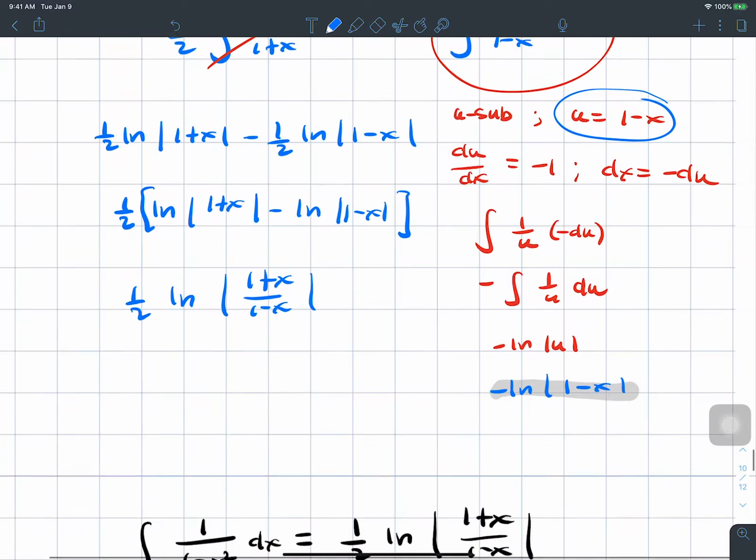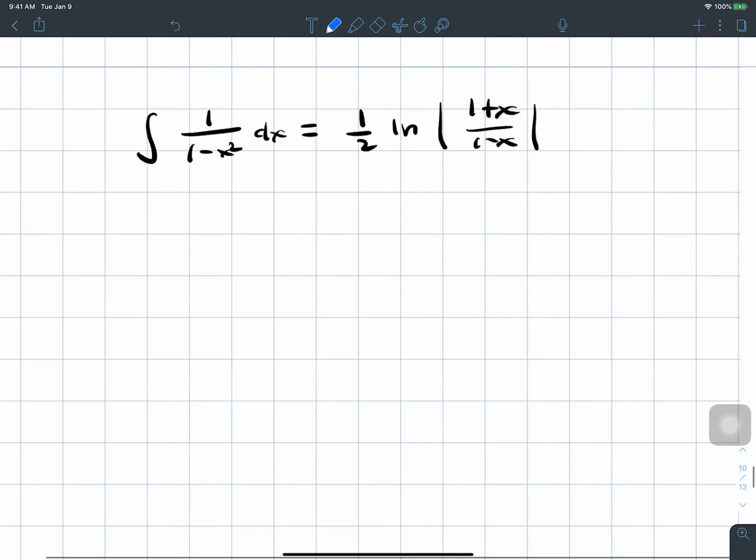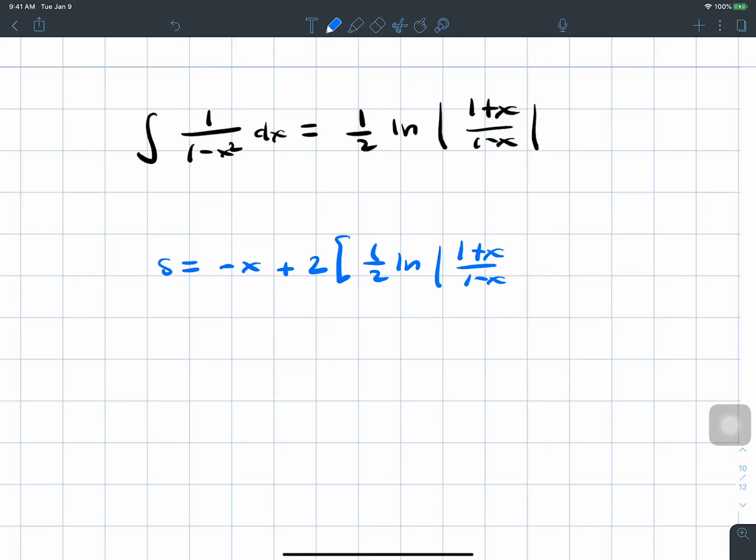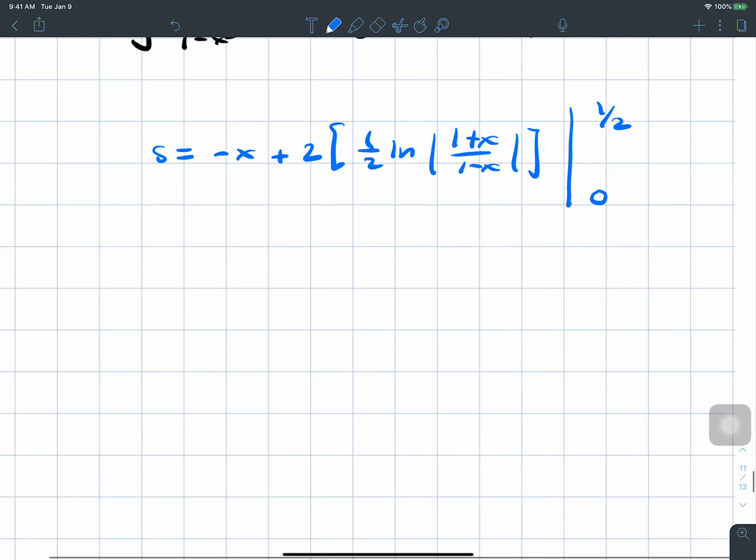So my arc length formula here, what we've seen here becomes negative x plus 2 times 1/2 natural log 1 plus x over 1 minus x. And this is good from 0 to 1/2 again.